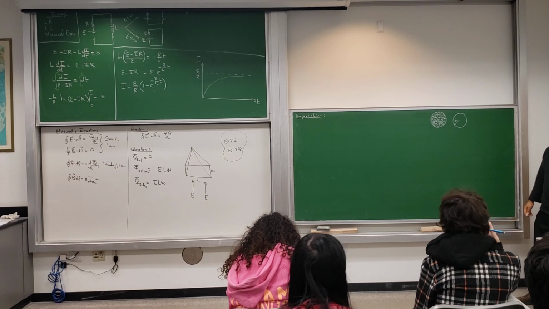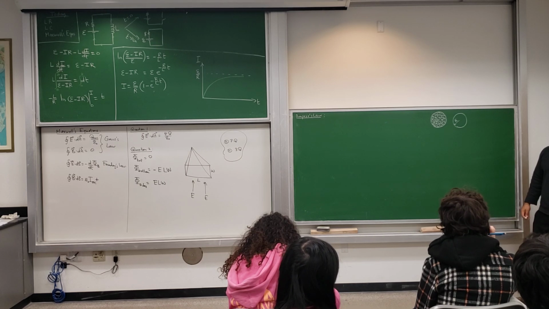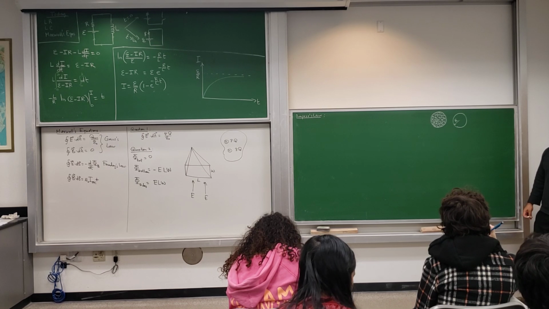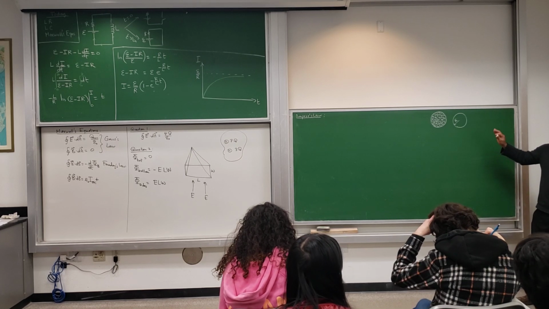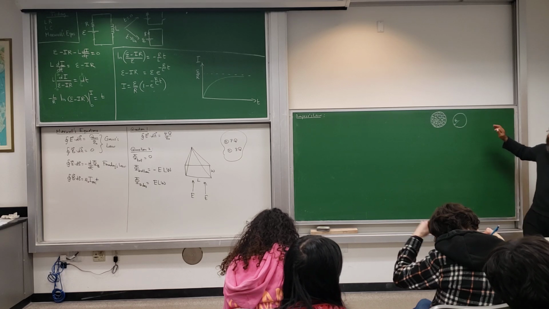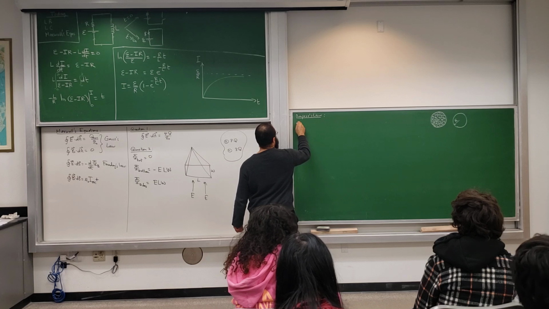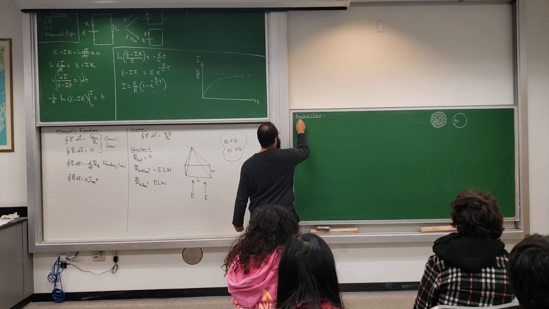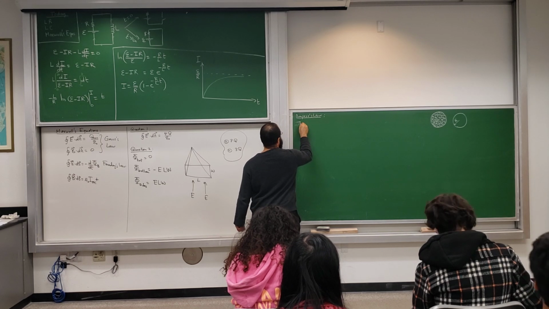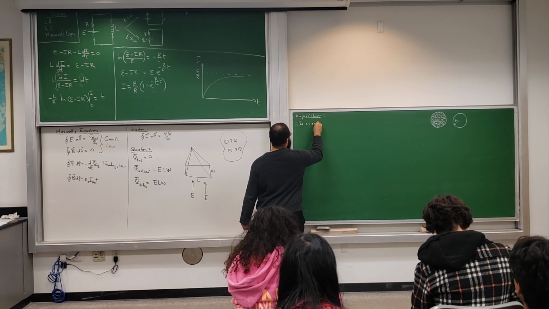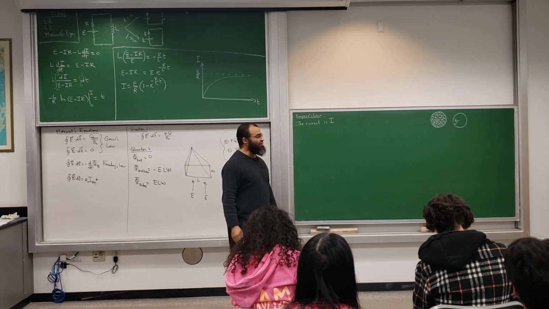Our goal is to find the magnetic field outside and inside this wire. We'll start with outside, and then we go inside. We have done this in class a while ago, I remember, but I'm still going over it to demonstrate something. By the way, the current is I. That's the total current.